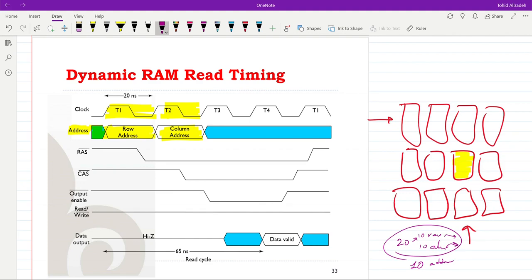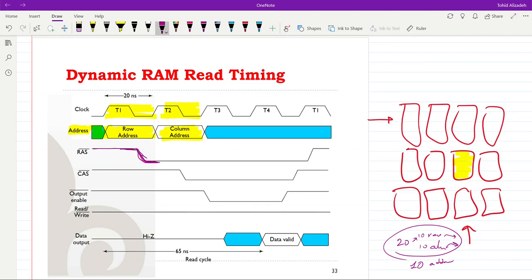Over here, you can see the timing for the dynamic RAM reading process. The clock is provided by the CPU. Initially, we need to provide the row address for one clock pulse and then column address for the next clock pulse. The row address strobe, RAS, goes to 0 during the time in which the row address is provided, and then the row address will be stored inside a register.